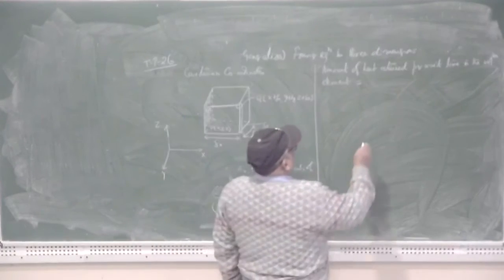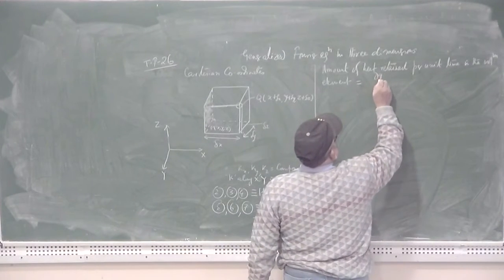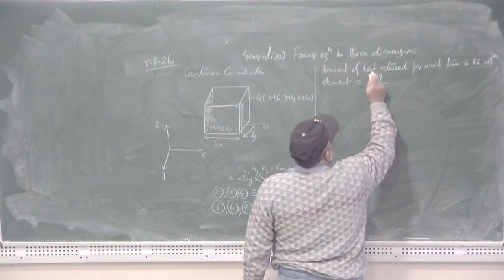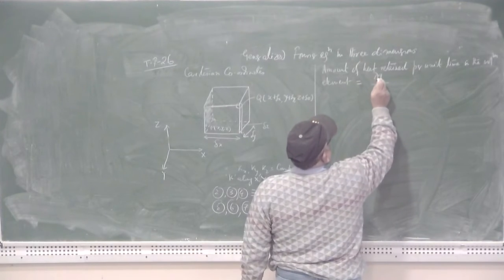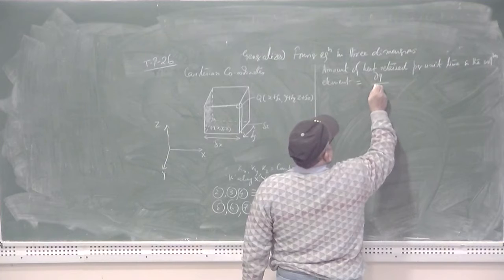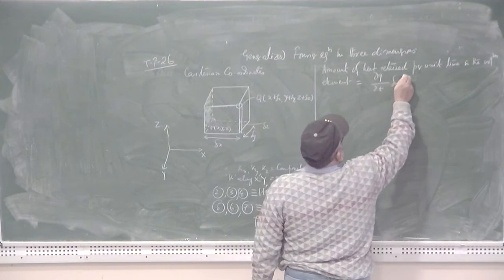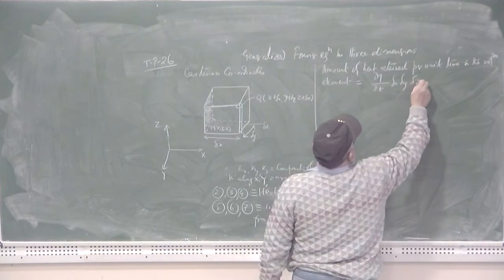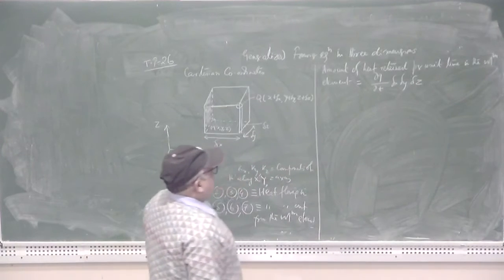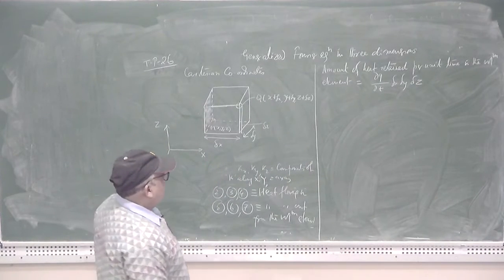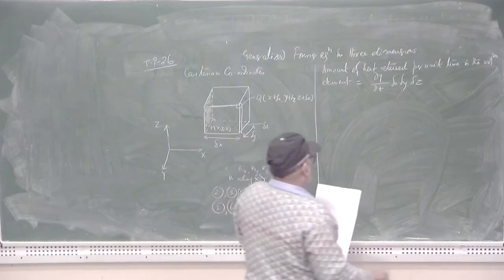If delta Q is the heat energy per unit time, which is representative of the heat retained in the volume element, then it is delta Q by delta t into delta x, delta y, delta z, that is, multiplying by the volume of the volume element. So, let it be equation number 8.